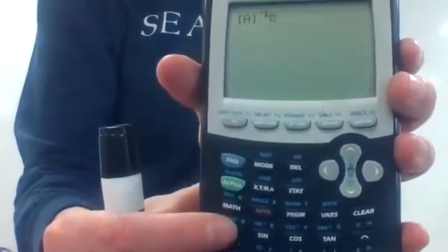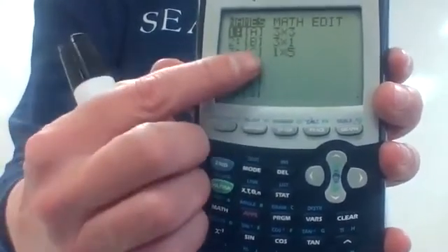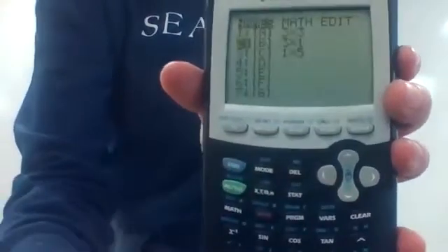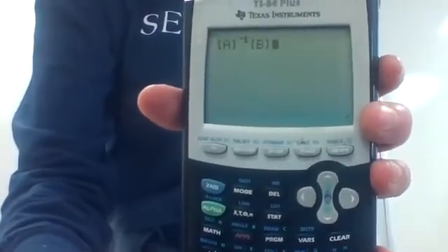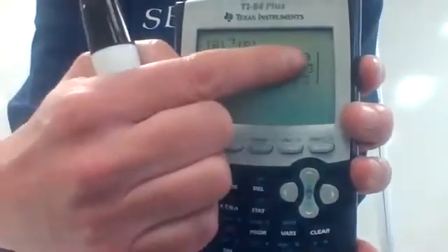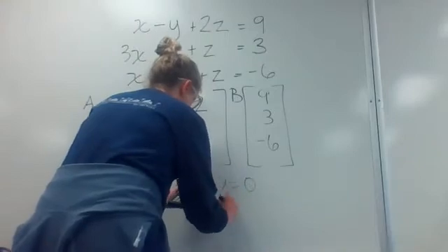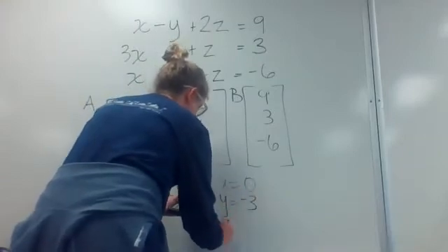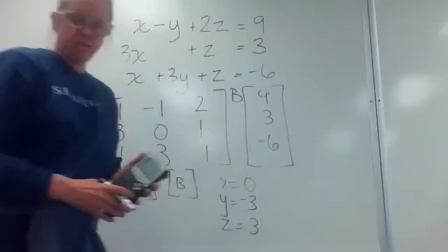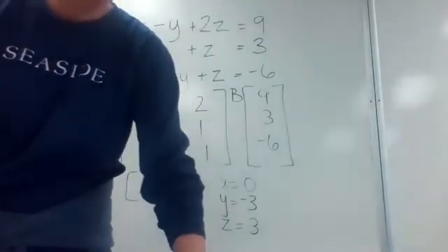And then second, matrix, make sure you go down to B, enter, enter. There is your X, your Y, and your Z. So 0, -3, and +3 are your X, Y, and Z.